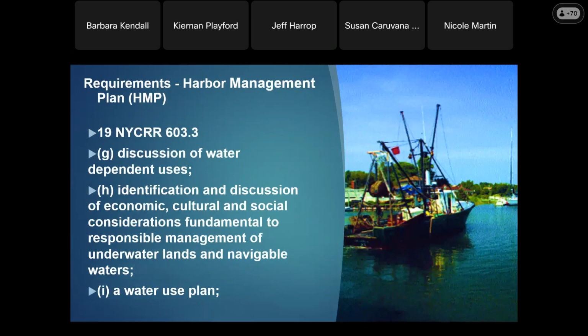Additional requirements are discussing water dependent uses. We mentioned those earlier this morning, but I wanted to give the definition of that just as a reminder. Water dependent use is defined as an activity which can only be conducted on, in, over, or adjacent to a water body because such activity requires direct access to that water body, and which involves, as an integral part of that activity, the use of the water.